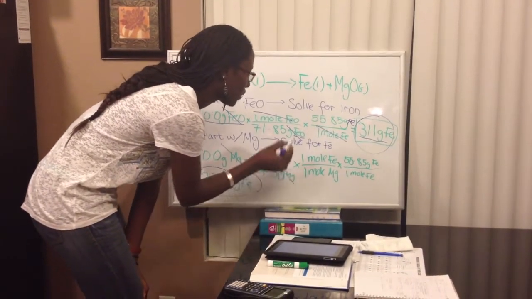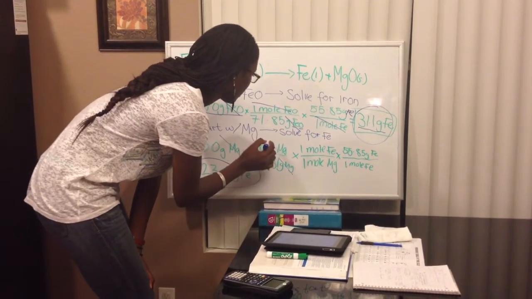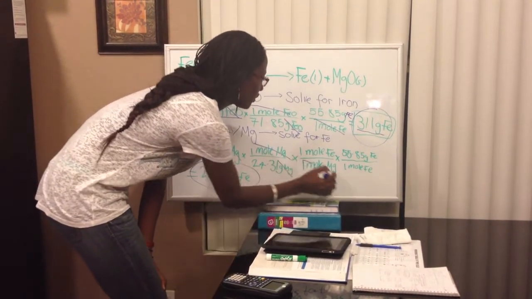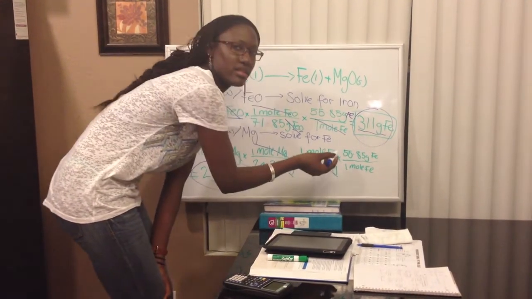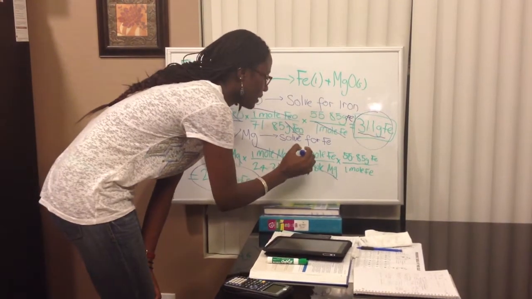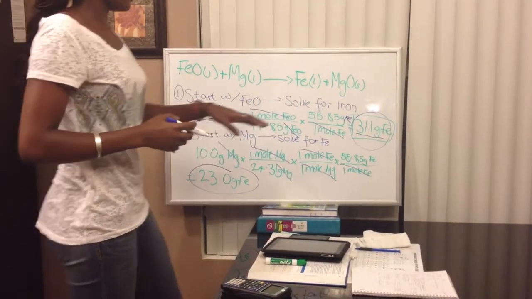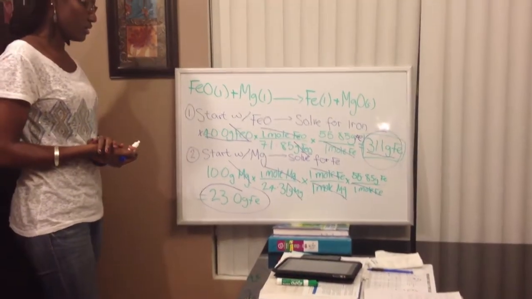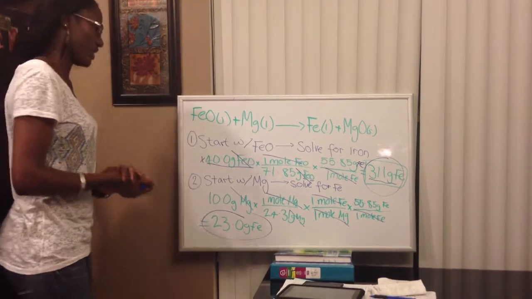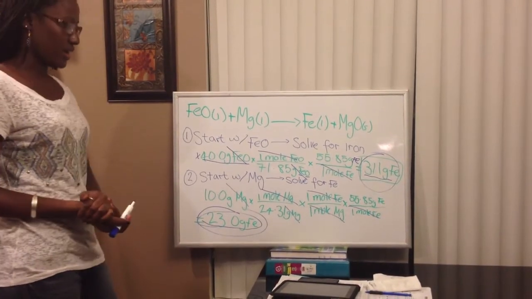Then we do the molar ratio, so these cancel out, 1 mole over 1 mole, and then we're left with 1 mole of iron. Then we need to find the molar mass, so these cancel out, and we find the atomic weight of iron. And that gives us 23.0 grams of iron.